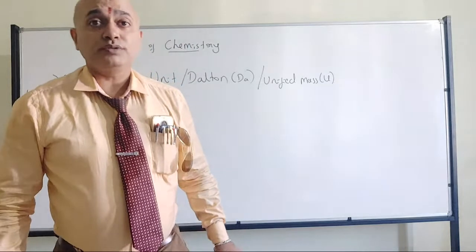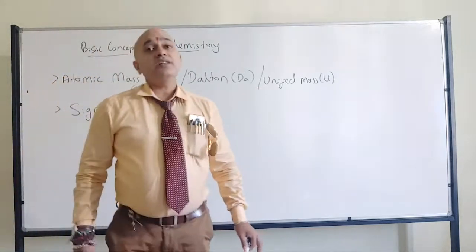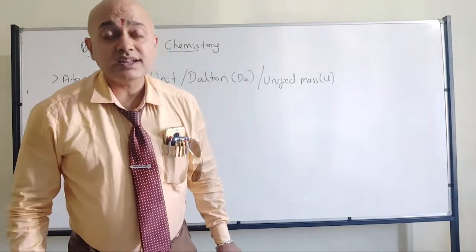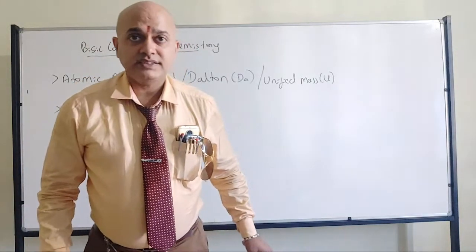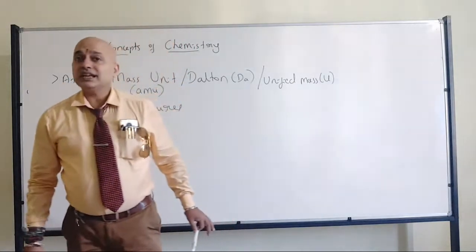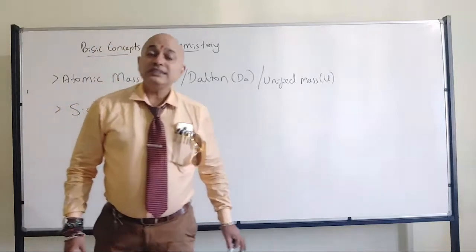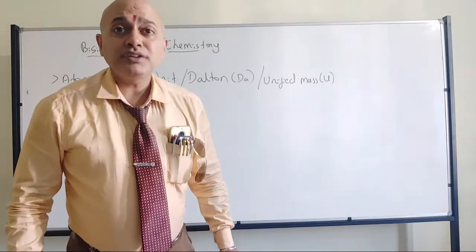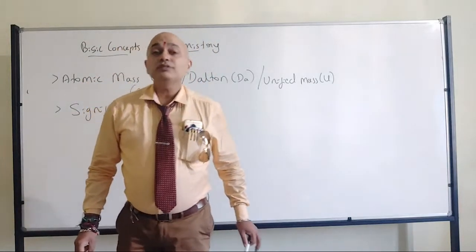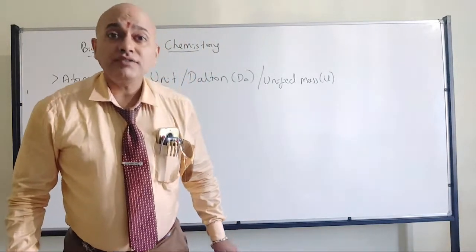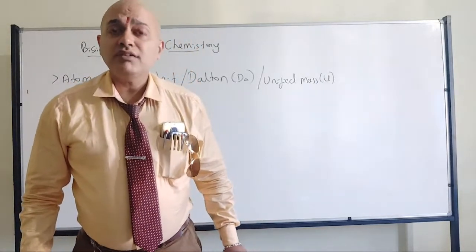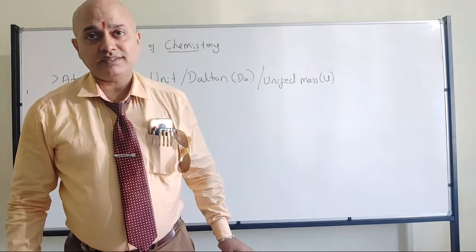At the same time, zeros which come after the non-zero digits without any decimal point are not considered significant figures, right? But all the non-zero digits are definitely significant figures, and all the zeros which come between the non-zero digits are significant figures, and all those zeros which come after the non-zero digits with a decimal point will be significant figures, right?